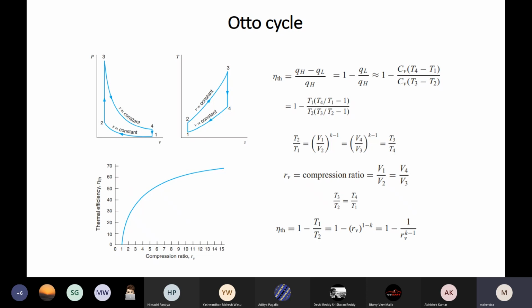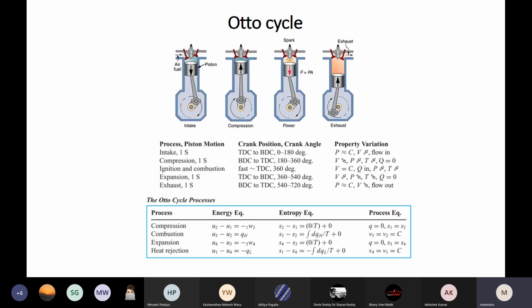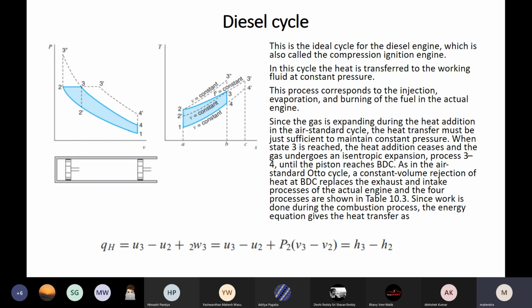Whereas in case of the diesel engine, which we are going to discuss now, the compression ratio can go up to 24 bar. Why are we going to 24 bar? Let us see. In case of the diesel engine also, see here, only one difference is there. Otherwise all other processes are the same as your Otto cycle.